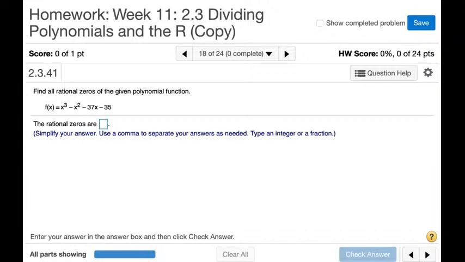We want to find all rational zeros. We have f of x equals x cubed minus x squared minus 37x minus 35.